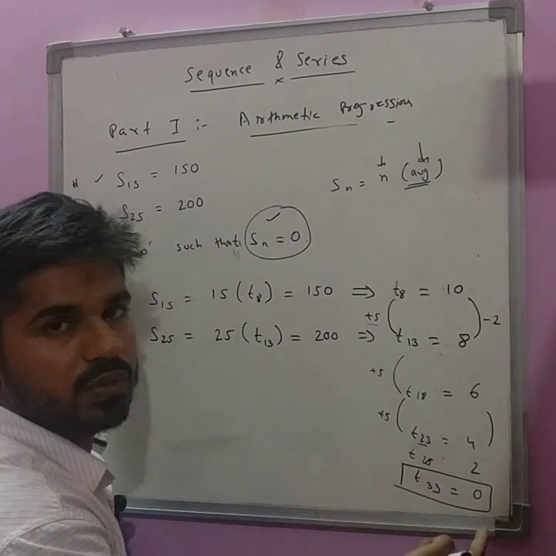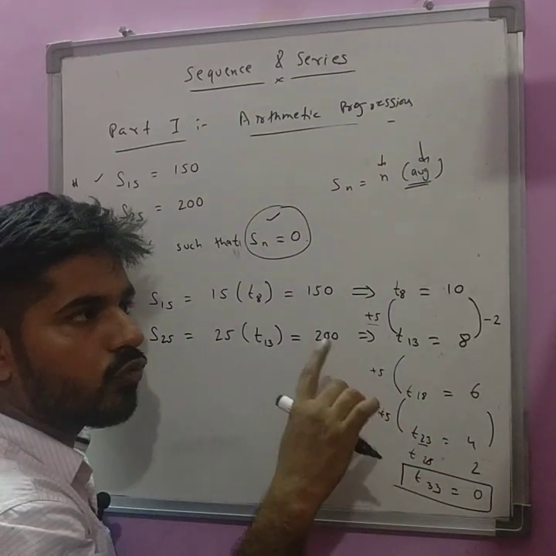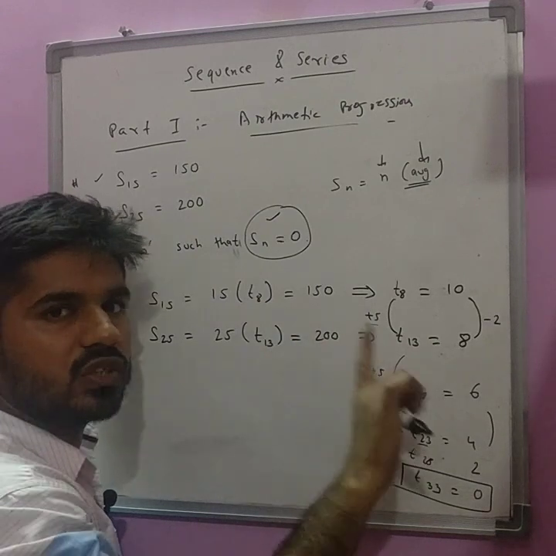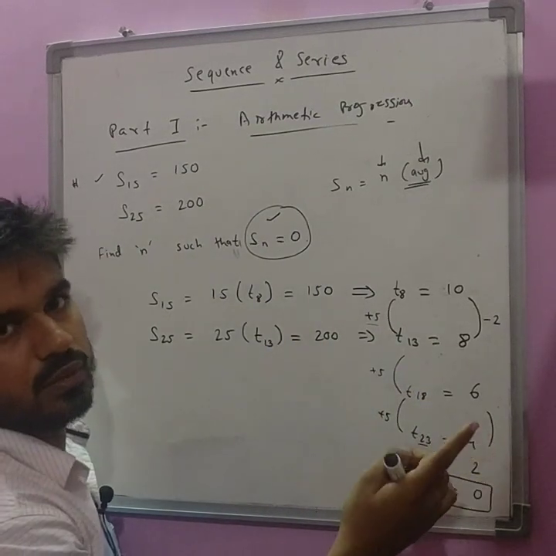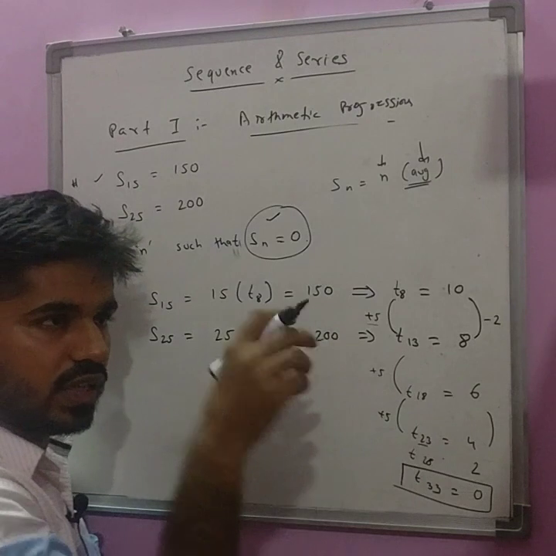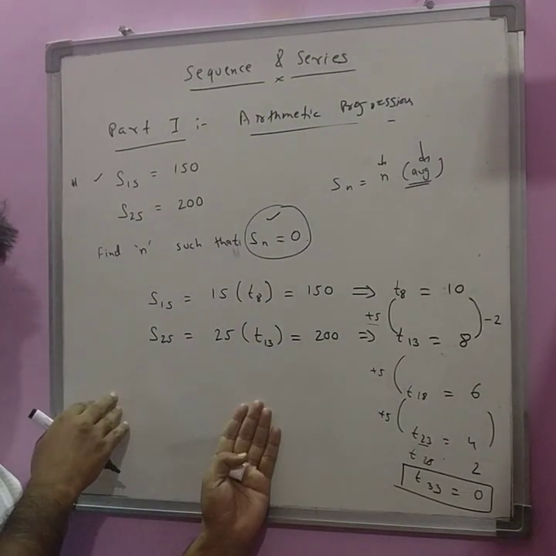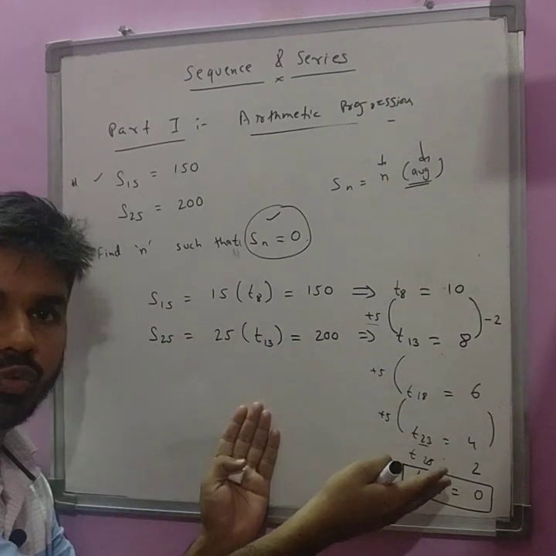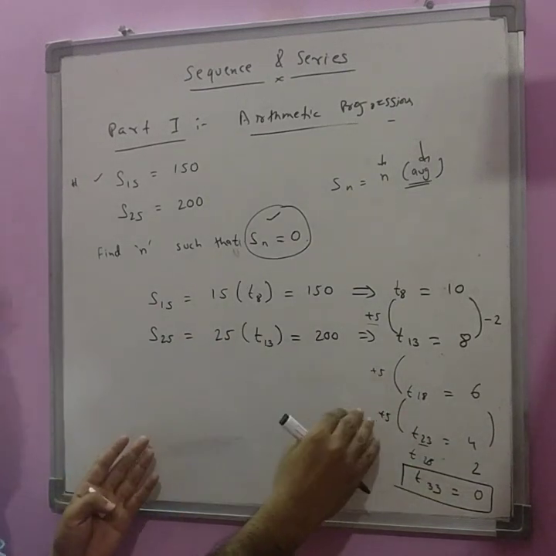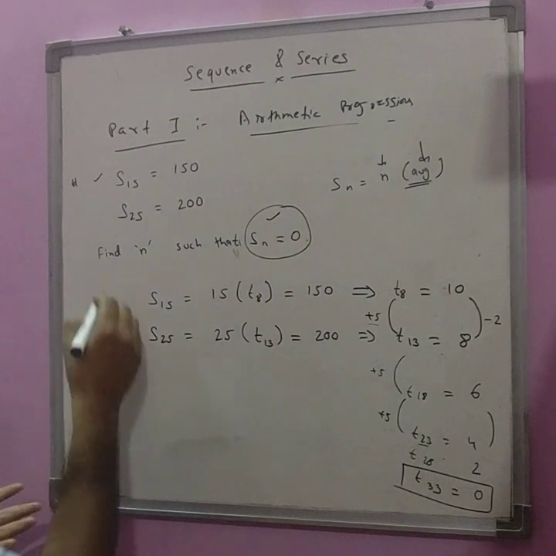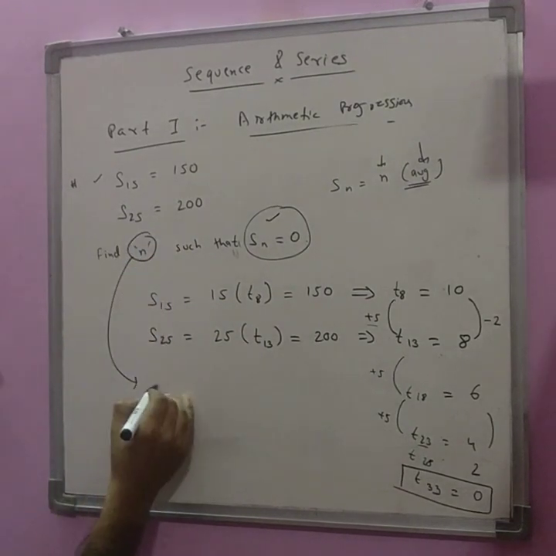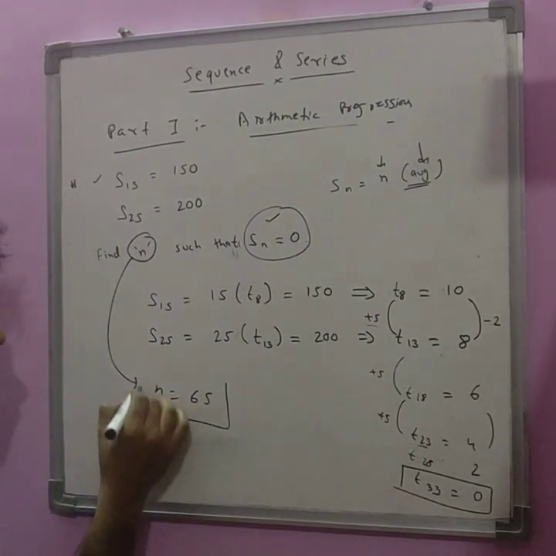If the 33rd term is the middle term, then there will be a total of 32 plus 1 plus 32, that is 65 terms, right? Because we have 32 terms behind it and 32 terms after it. So there are a total of 65 terms. You have to find the value of n, so my n would be 65. This is my answer.